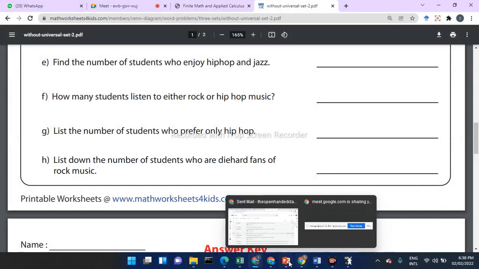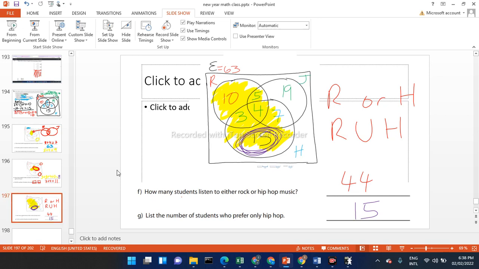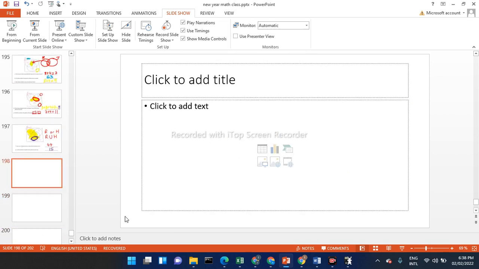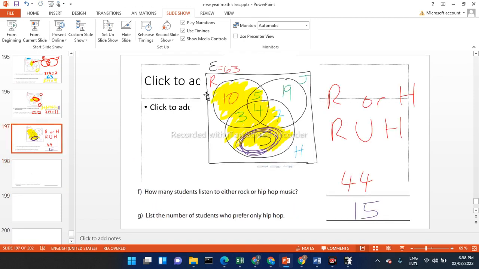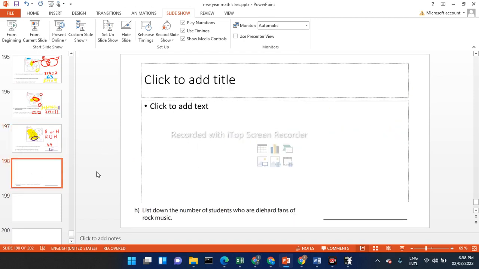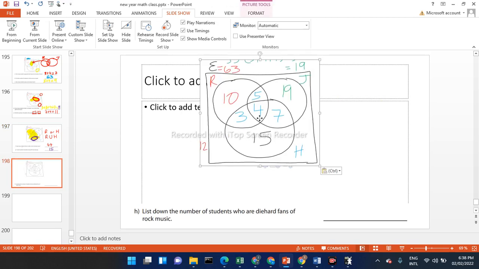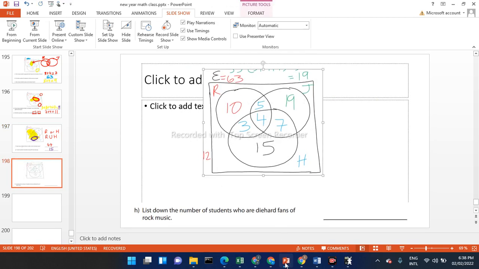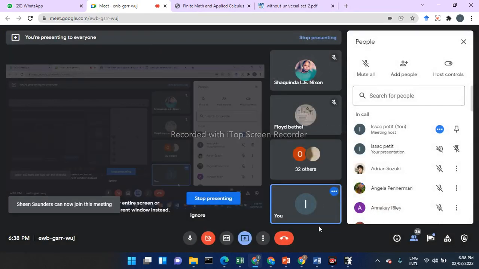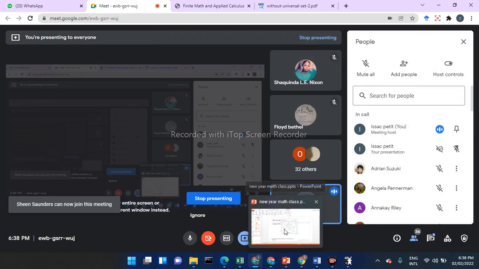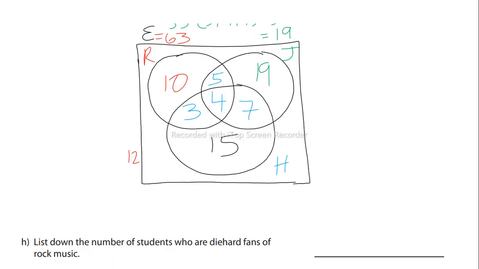It's interesting how they phrase this question. So we're trying to find the number of students who enjoy rock music. So teacher, does that statement make it only?